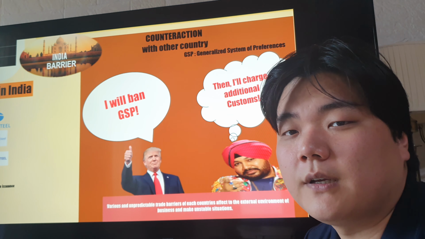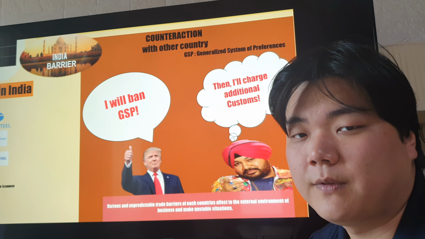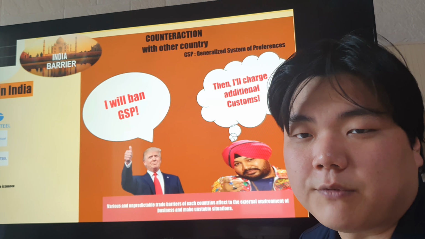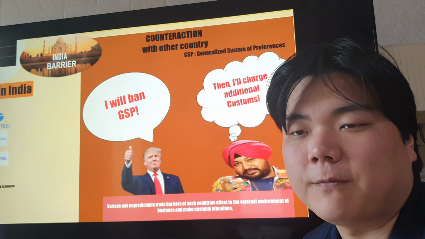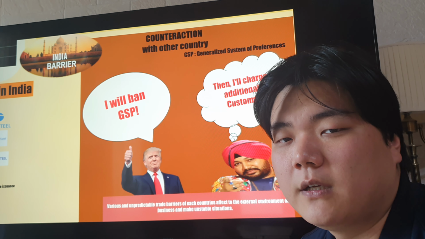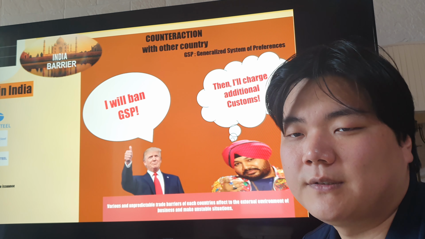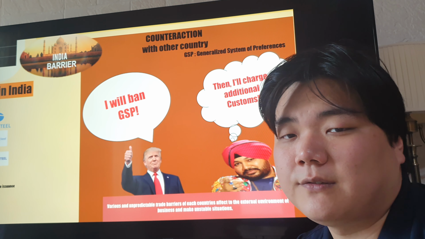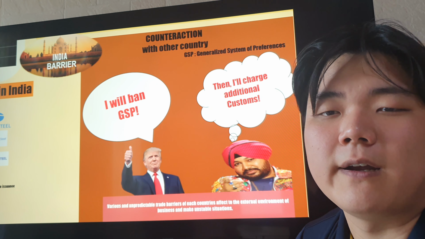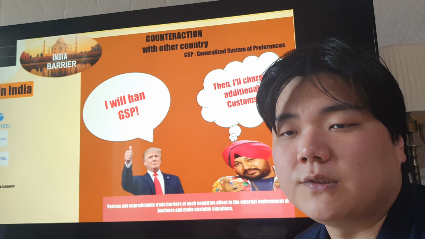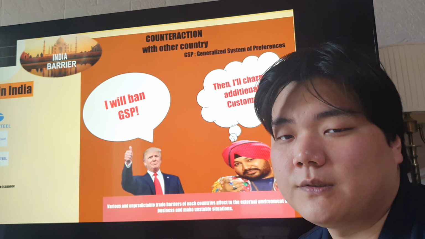The next is how India counter-reacts to other countries' protectionism. Last year, President Donald Trump terminated India's eligibility for GSP. GSP means Generalized System of Preferences. GSP provides non-reciprocal duty-free tariff treatment to certain products imported from qualifying developing countries.